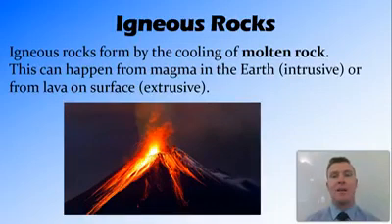And this can happen either on top of the Earth, where lava on the surface cools down into extrusive rocks, or it can happen just below the surface of the Earth, where the magma inside the Earth cools down to form intrusive rocks. Now these rocks have different properties based on how they formed.